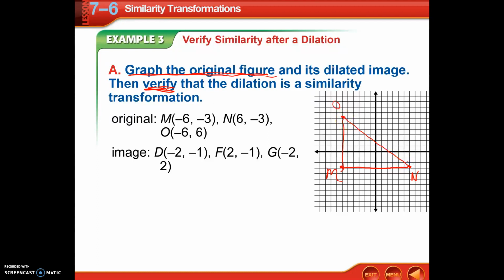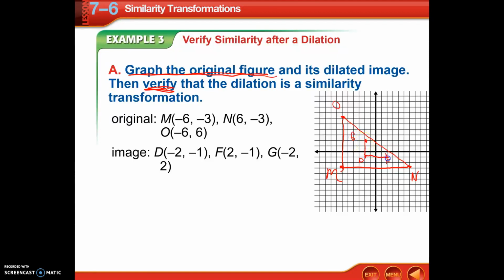So there's my original. And my new is at -2, -1 is my D. F is at 2, -1. And G is at -2, 2.